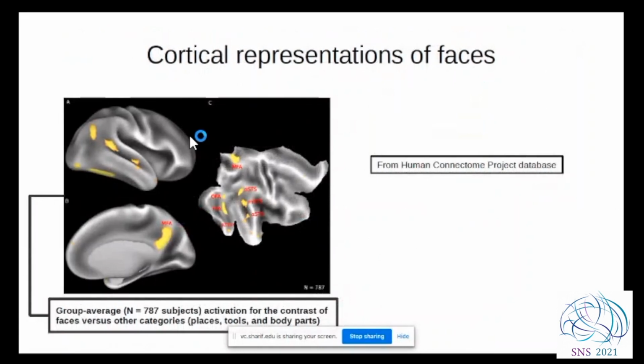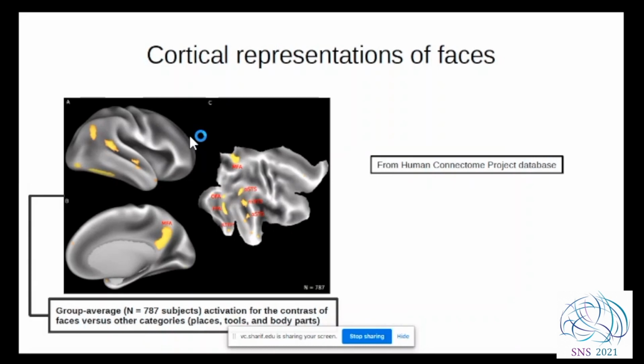We also looked at a more general level of face representation, which would be basically the representation of faces as compared to other object categories. So we want to see which parts of the brain just cares about faces, no matter whether they are familiar or unfamiliar.